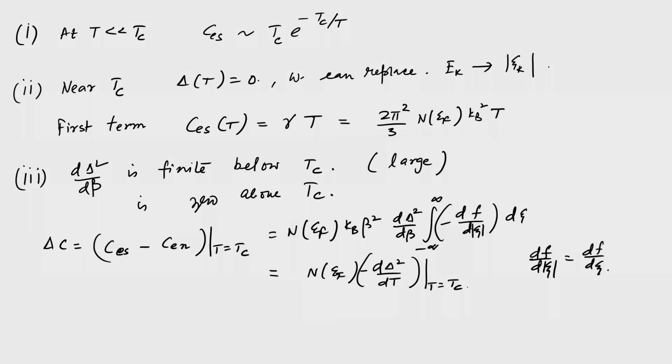So, now if you use this formula that we have said, that delta T is equal to 1.74 delta 0 times 1 minus T by Tc whole to the power half, and calculate this d delta square dT, evaluate it at T equal to Tc, then this delta C can be computed, which comes out as 9.4 N epsilon F and a k B square Tc.